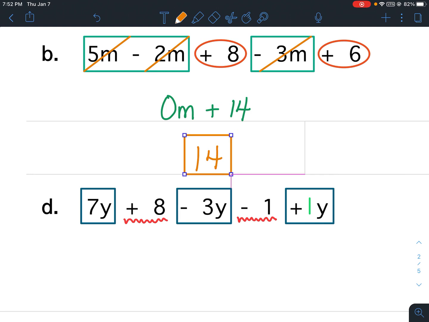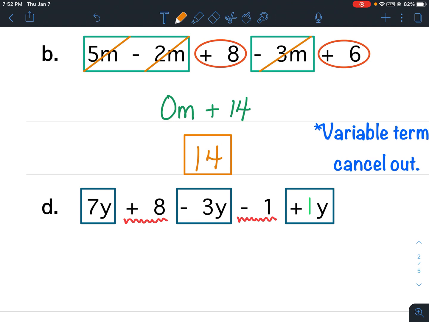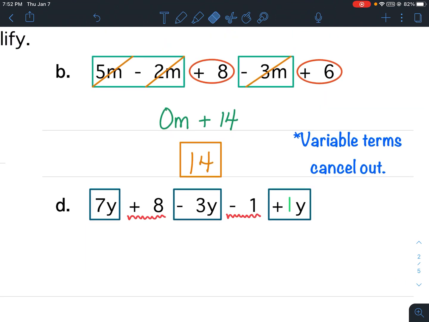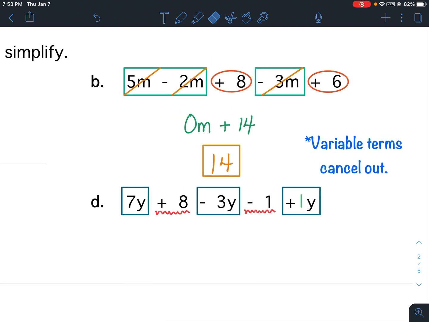So that is your answer right there, again because the variable terms cancel out. Pause your video and get that all written down. So again, the m terms all canceled out, therefore leaving just 8 plus 6, which is 14.